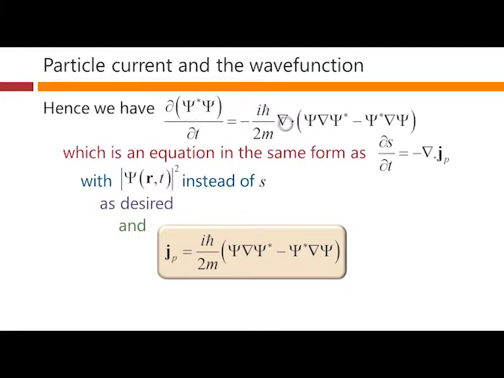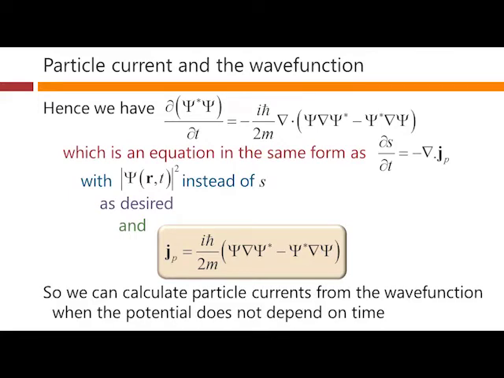So we've got this form of equation. This is, as we wanted, the rate of change of the probability density. And this equation then enables us to identify what the particle current is in quantum mechanics. And it's this expression here.